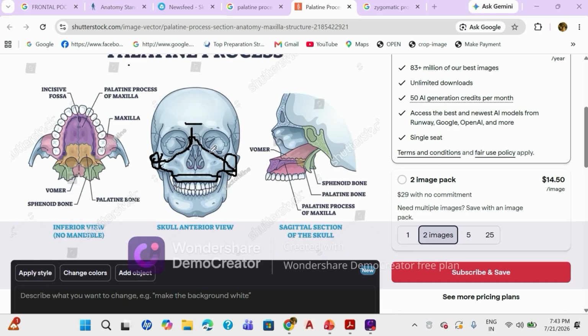Then we have the palatine process, which is not visible in this skull portion, but in this sagittal section we can clearly see the palatine process of the maxilla.